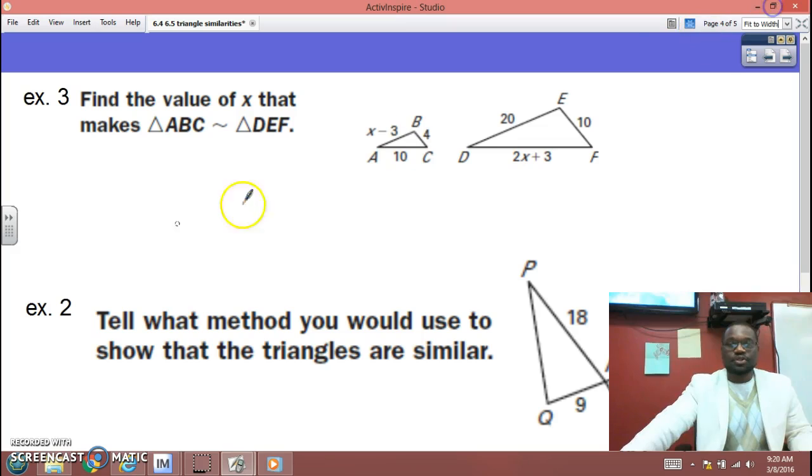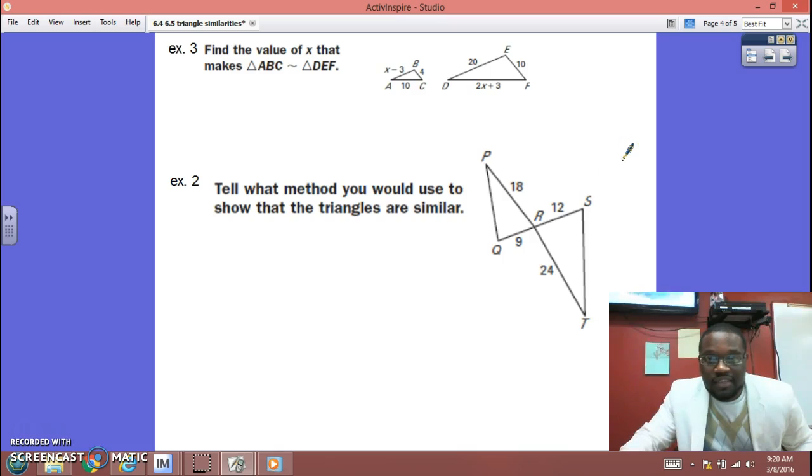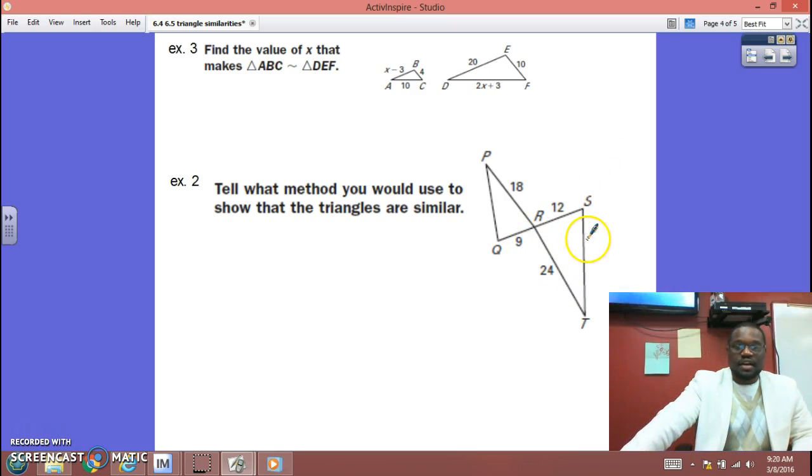Now, this example 2 says, tell what method you would use to show that the triangles are similar. I don't know anything about the angles, or do I?